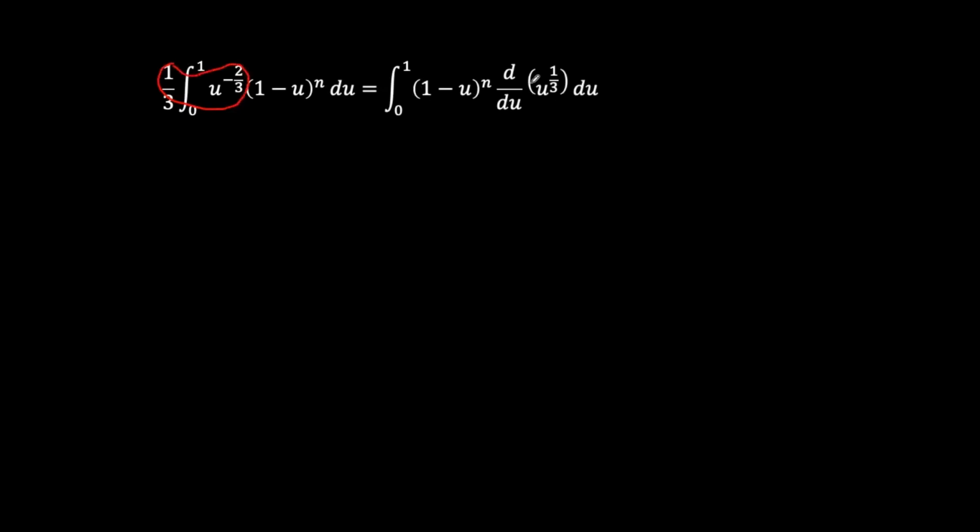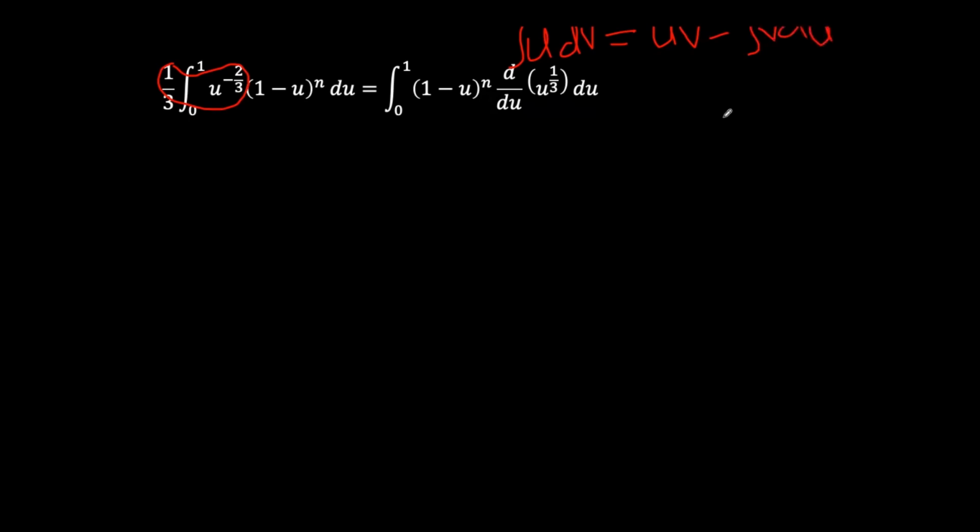That's the same as the derivative of u to the power 1/3. So if you have an integral of capital U dV, the solution, as we are taught when you tackle integration by parts, is the product of capital U and capital V minus the integral of capital V dU, the derivative of capital U.